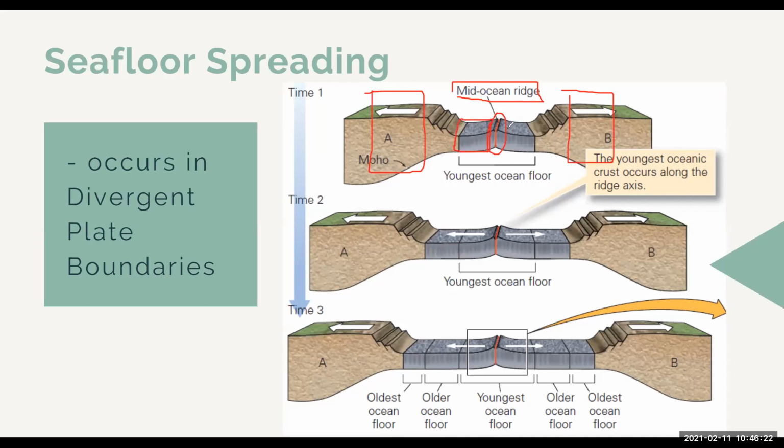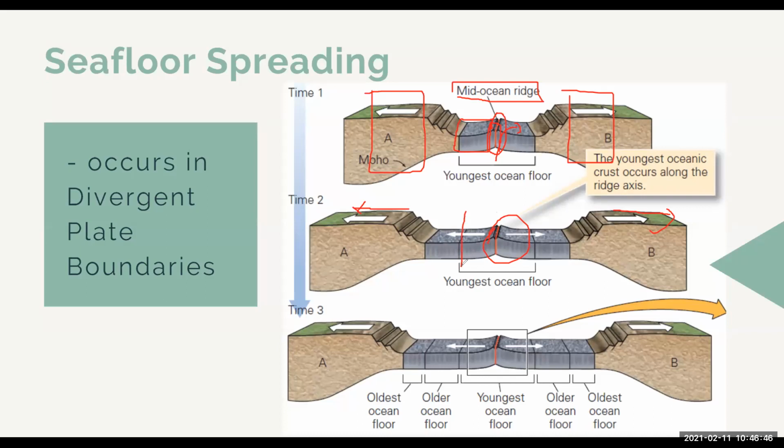Dahil medyo naglalayo ngayon dalawang plates natin, may material na nag-spew out dito sa mid-ocean ridges natin, forming our new seafloor. Okay, as time goes by and each of the plate keeps moving in the same general direction, magsispew out ng material yung mid-ocean ridge.